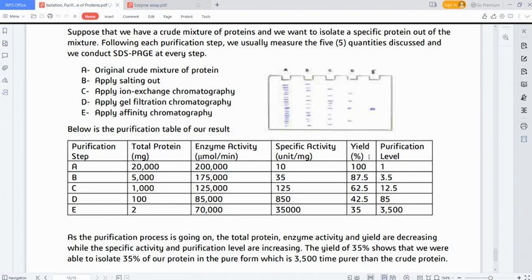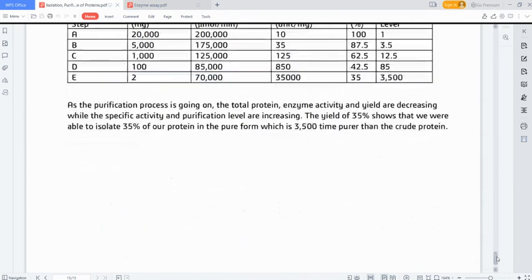For instance, when we finish this work, we have about 35% yield. In other words, 35% of our protein is the protein of interest. I think it is a very good result. The purification table is used to show how purified these enzymes are.